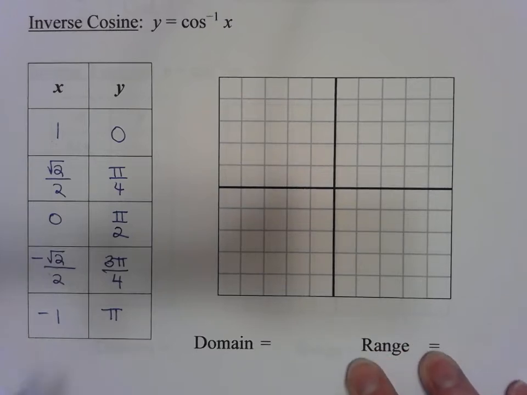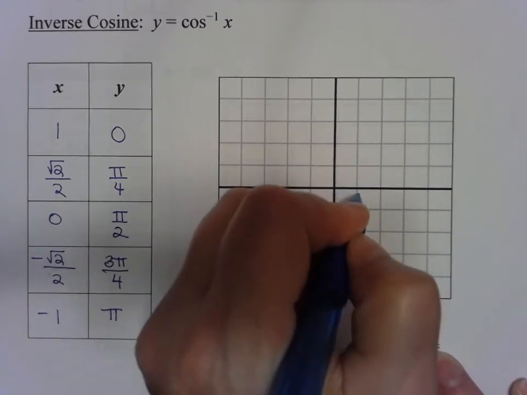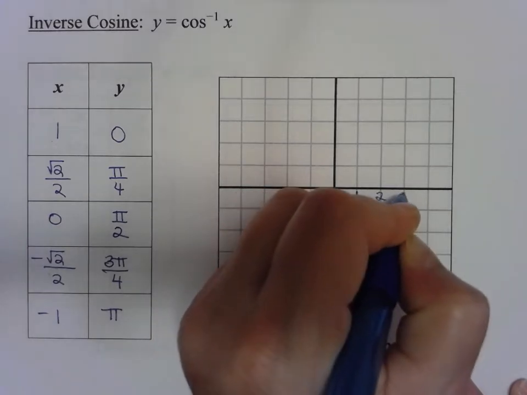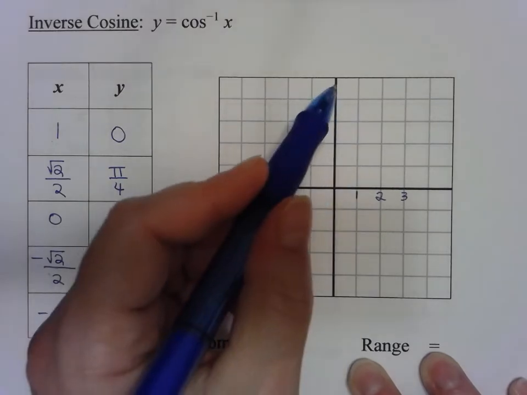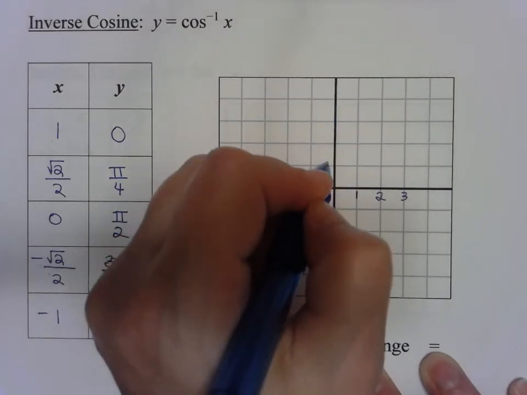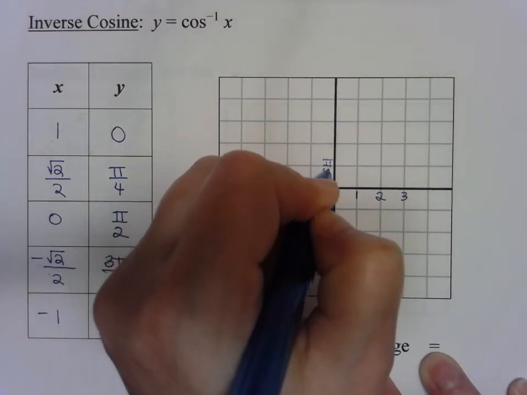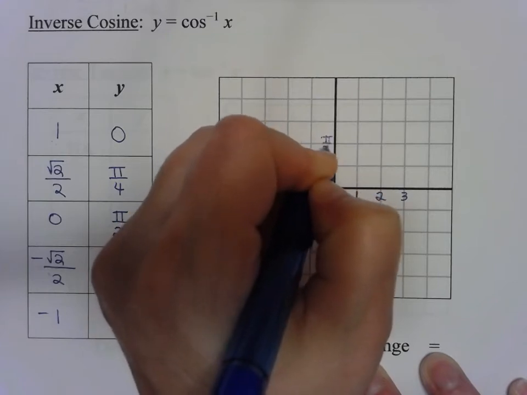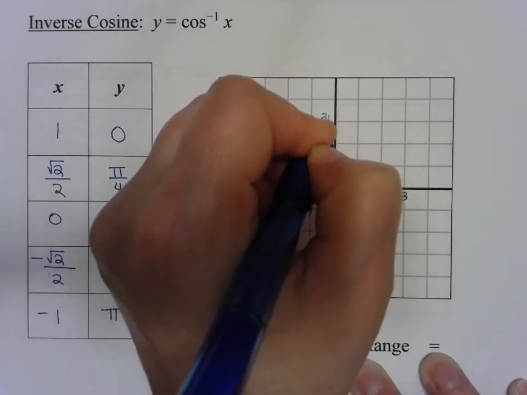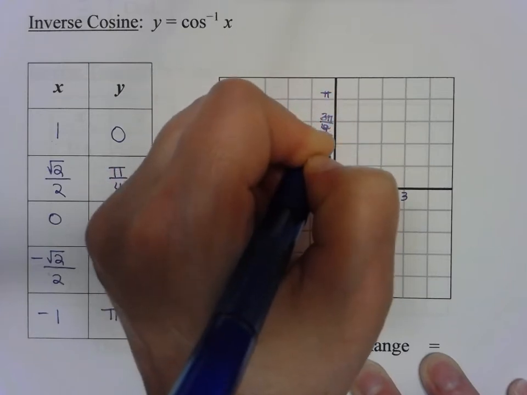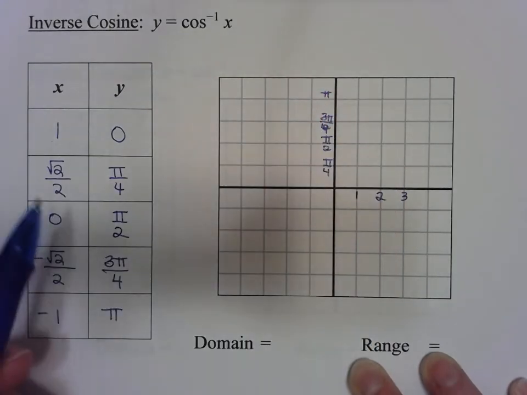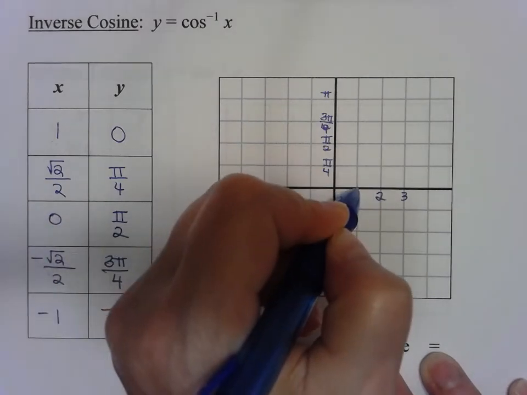Okay, so again, when we set up, the x-axis is the value of the cosine, so it's just going to be regular real numbers. The y-axis is the angle, so we're going to set it up in radians, jumping by pi over 4. Okay, so we've got the point (1, 0).